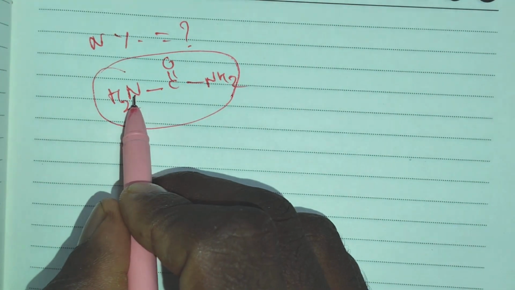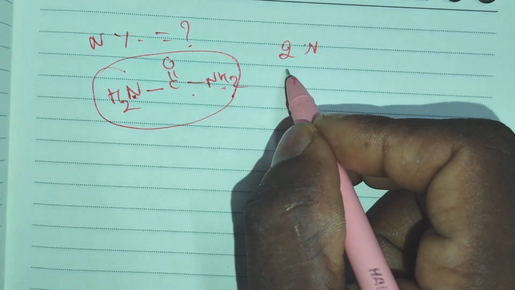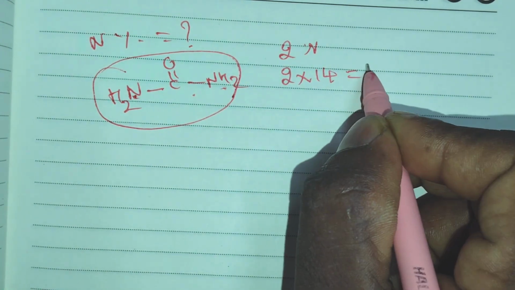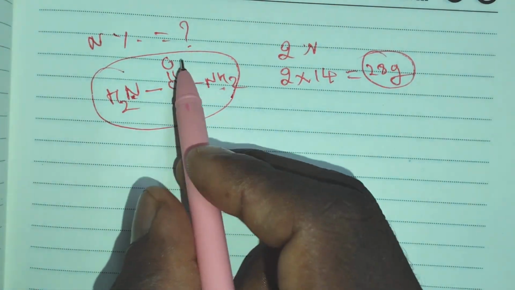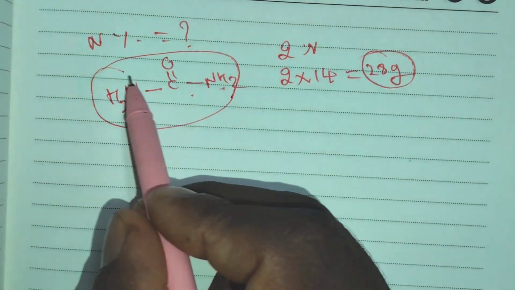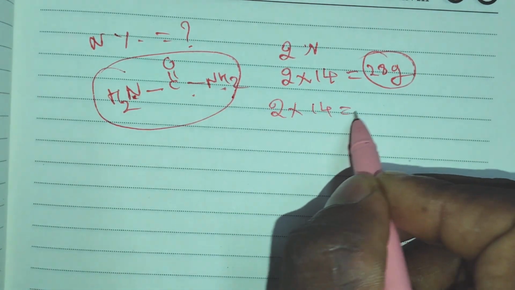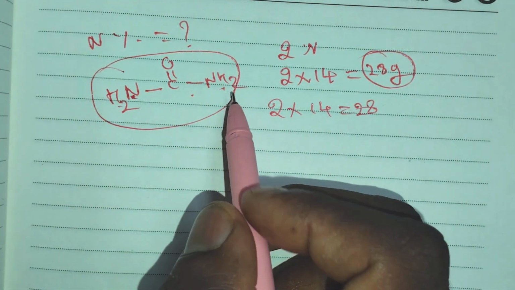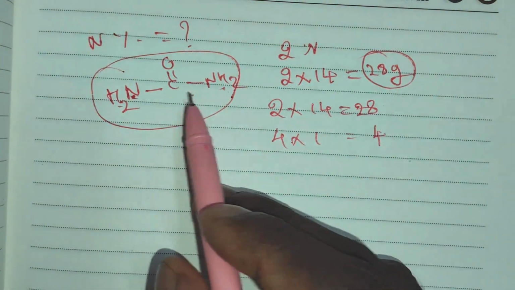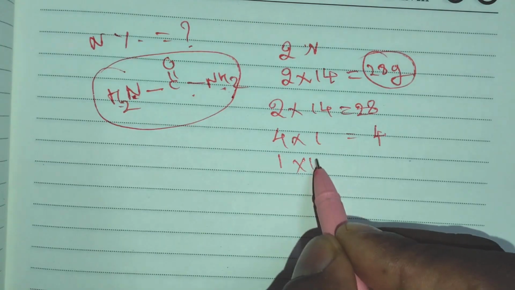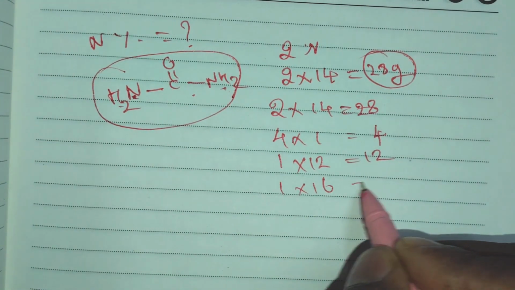This urea contains 2 nitrogen atoms, so 2 into 14 is equal to 28 gram of nitrogen. For the molecular weight: nitrogen is 2 into 14, equal to 28; hydrogen, 4 hydrogens, so 4 into 1 is equal to 4; carbon is 1, so 1 into 12 is equal to 12; oxygen is 1, so 1 into 16 is equal to 16.